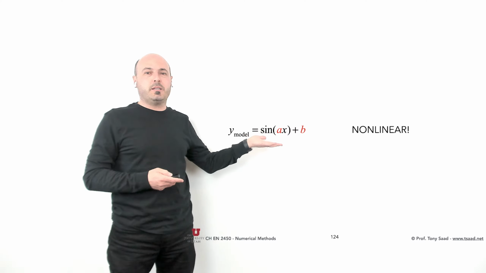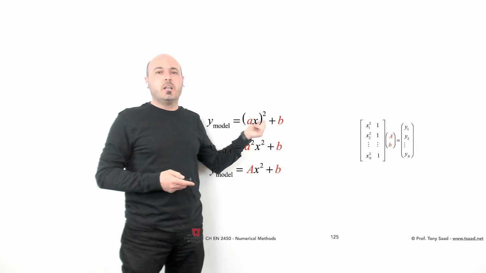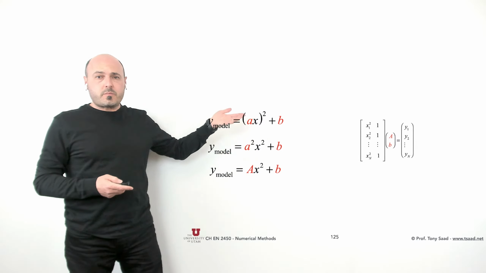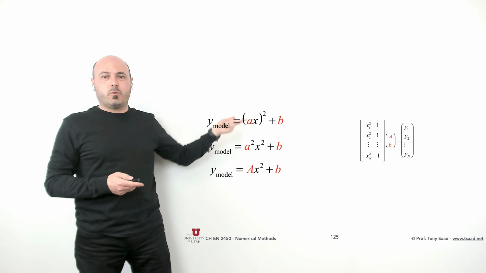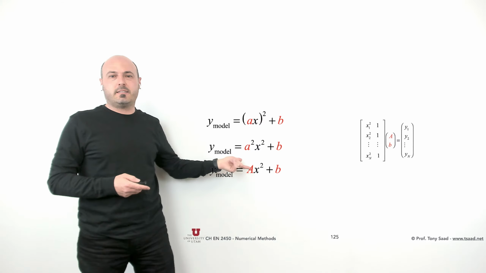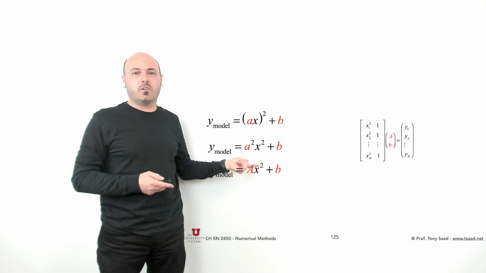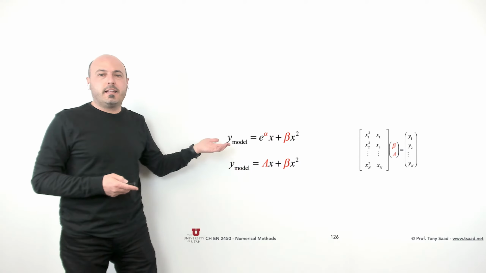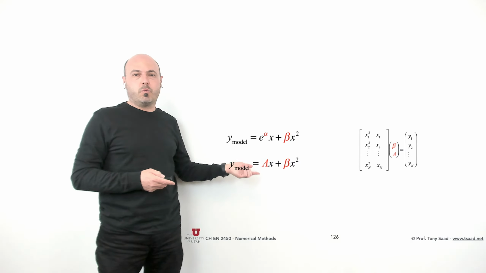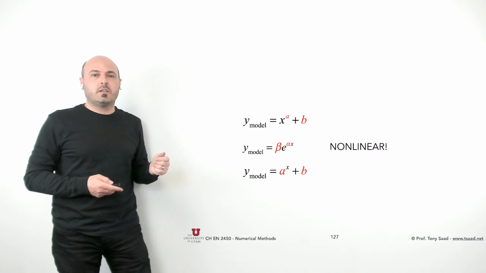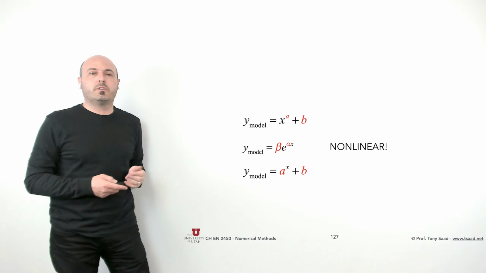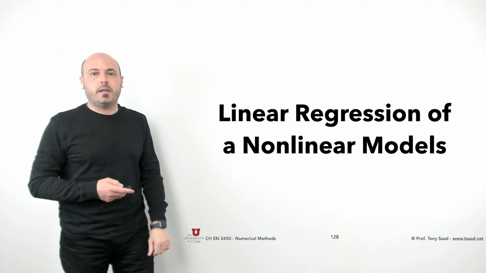We cannot separate the basis function from the coefficient. And this one is linear because ax squared is a squared x squared, and that's ax squared plus b. Basis functions are x squared and 1. And same thing here, basis functions are x and x squared, and we can separate the coefficients. And finally, all of these guys over here are nonlinear, okay?